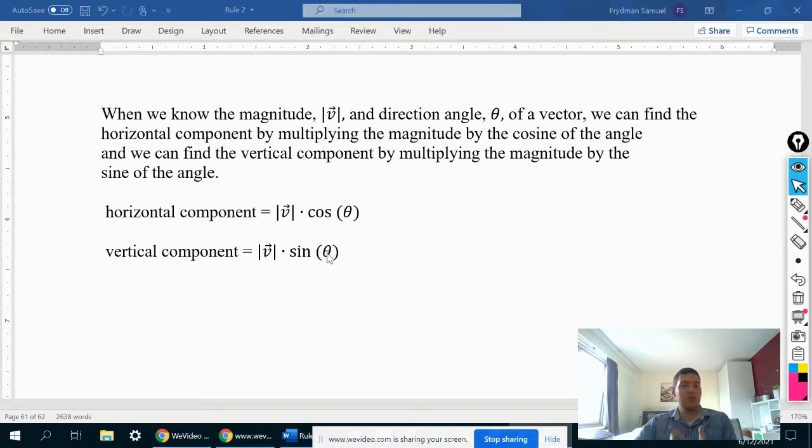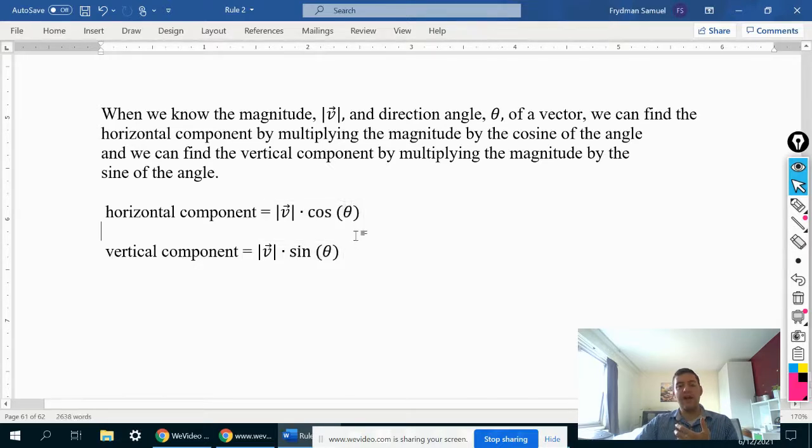And just to recap, this rule works because cosine theta and sine theta are just the components of a unit vector, a vector that has a magnitude of 1 and a direction angle of theta.